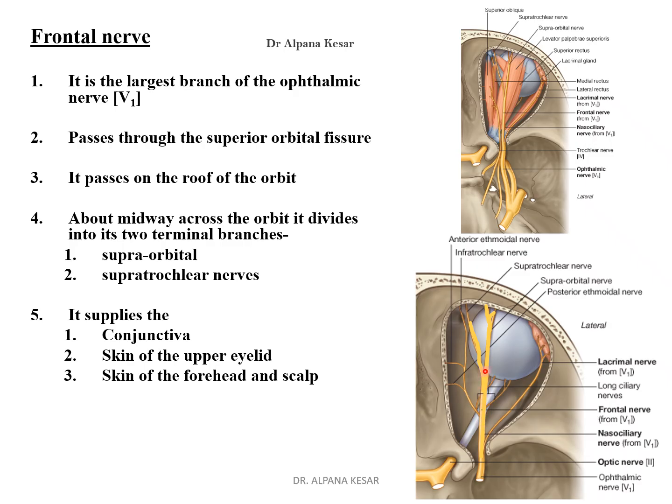Midway through the orbit, it divides into its two terminal branches, supratrochlear and supraorbital. Through these two branches, the frontal nerve supplies the following structures: conjunctiva of the eye, skin of the upper eyelid, skin of the forehead, and scalp.